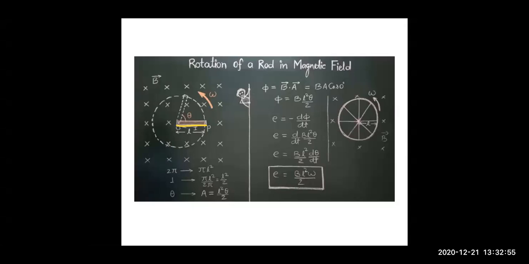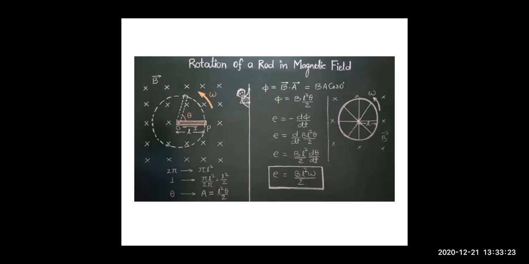We will calculate the magnitude as well as the direction of the EMF produced when we are rotating a rod in a magnetic field. First, the magnetic field B is represented by a cross. Cross means it is perpendicularly inward, into the plane of paper, and it is uniform, right?